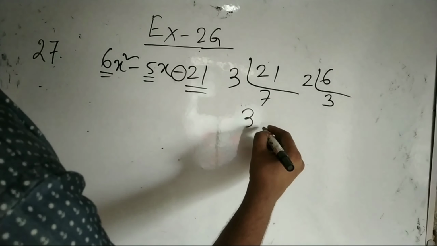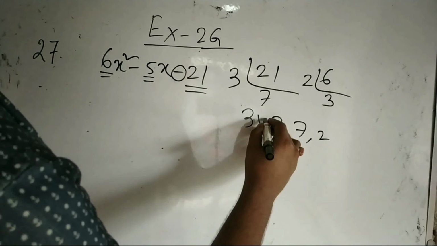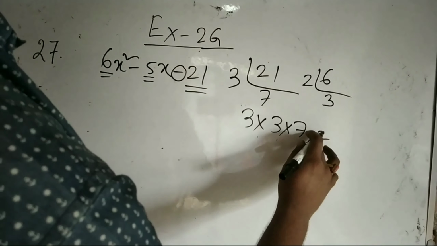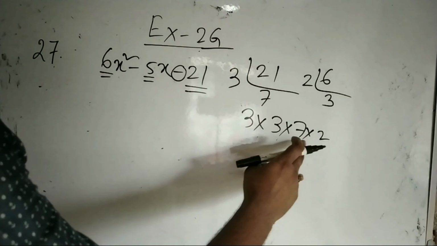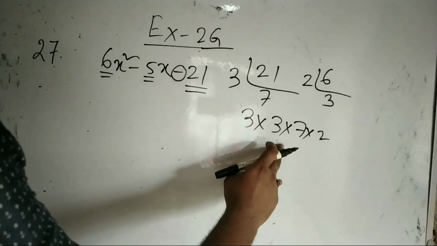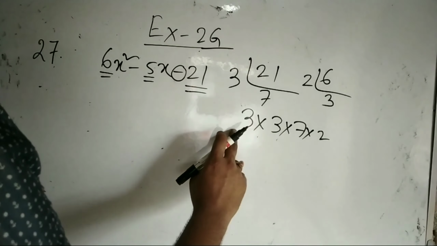Look how to combine. We have 3, 3, 7 and 2. The total factors are 3, 3, 7 and 2. 6 minus 5. We have to make 5.